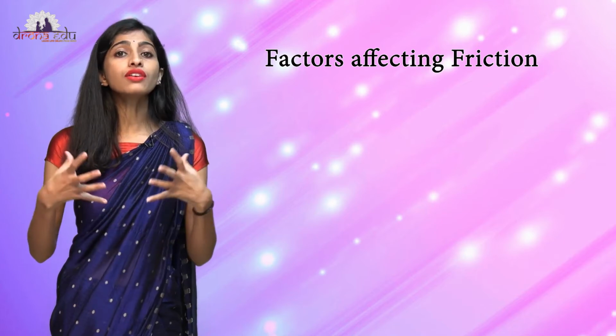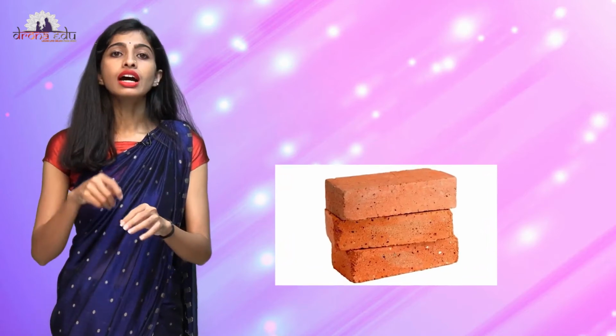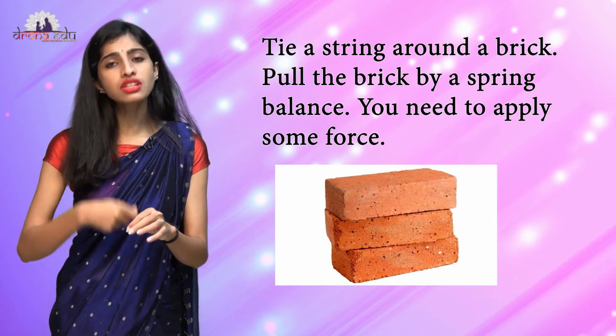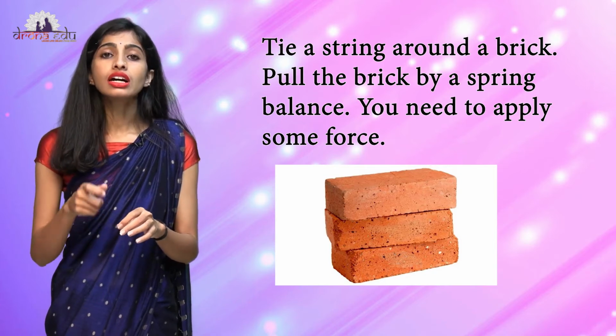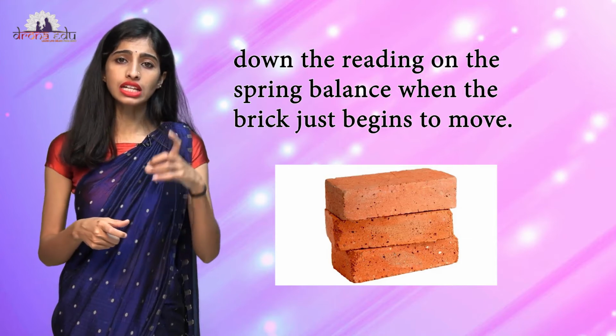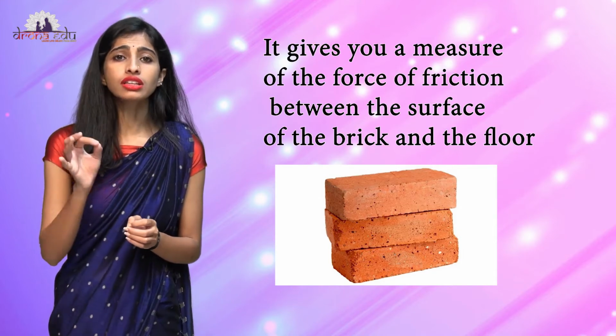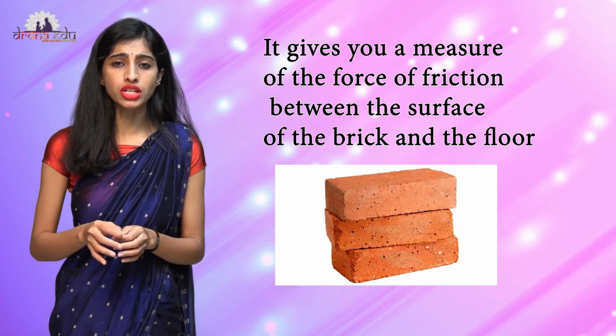Let's see what are the factors that are affecting this friction. Let's consider an example. Take a brick, okay? Tie a string to the brick, okay? With the spring balance. Spring balance is a small device which is used to measure the force acting on an object, okay?